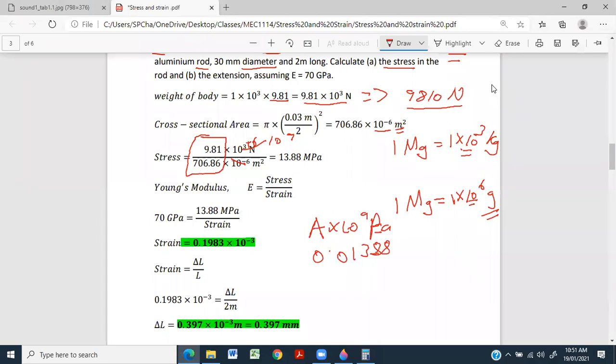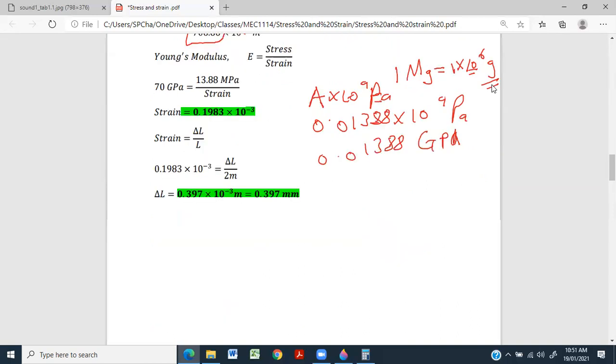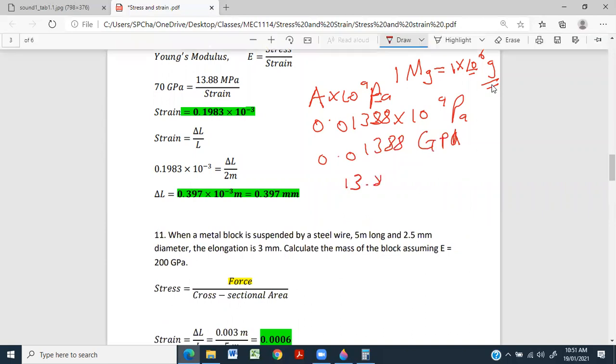Good. And this is times 10 to the power of 9 pascals, right? So this here would be 0.01388 times 10 to the 9, so that's gigapascals. Or, taking off 1,000, we get 13.88 megapascals.